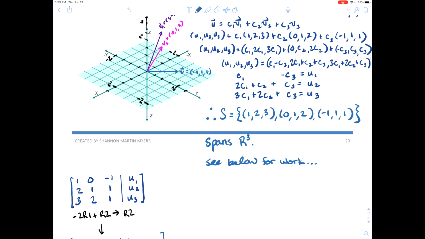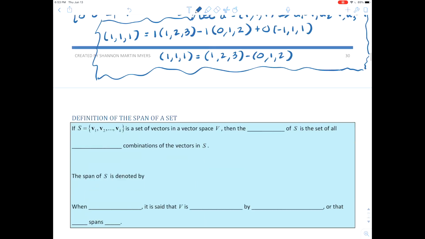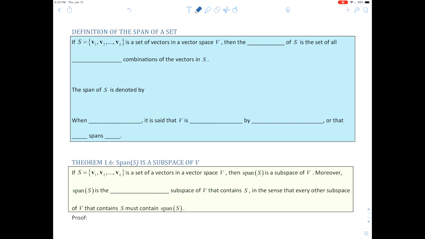Cool? All right, so now let's go ahead and officially define the span of a set.